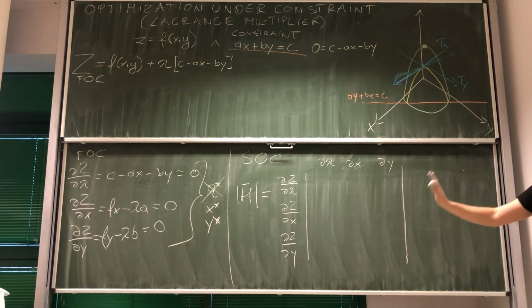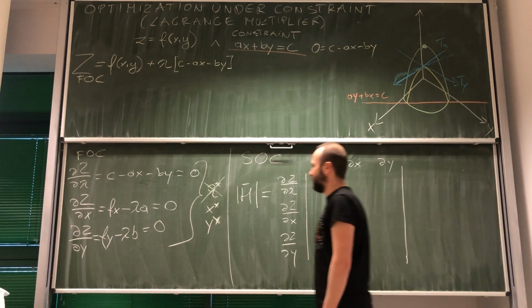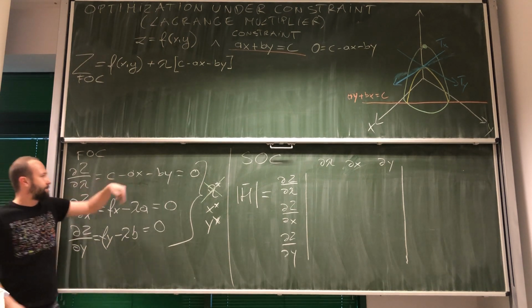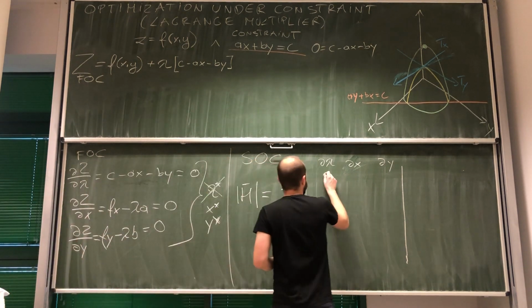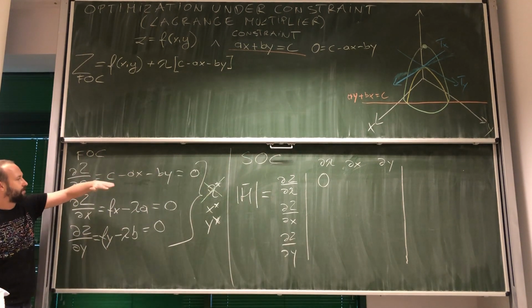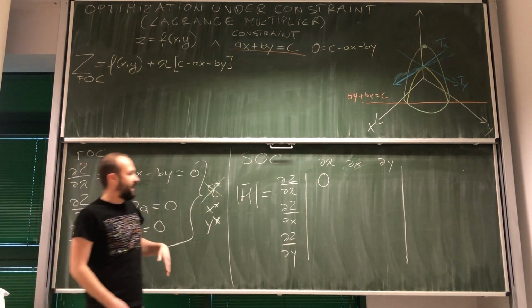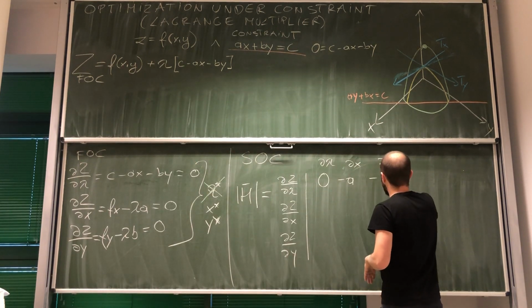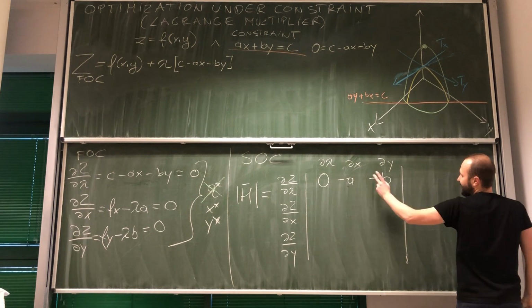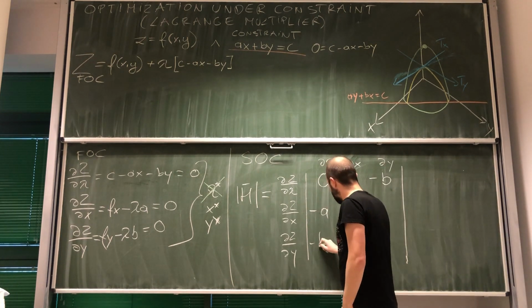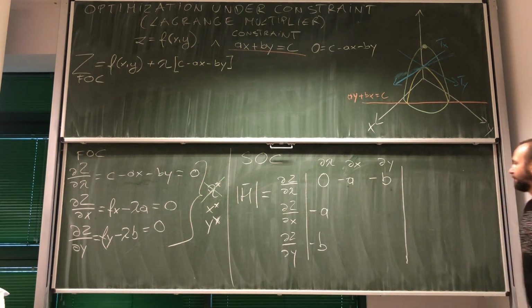And now, because it's super easy, I'm going to do it right away. If I differentiate this with respect to lambda, I'm getting 0. If I'm differentiating this with respect to x, I'm getting negative a, and with respect to y, negative b.